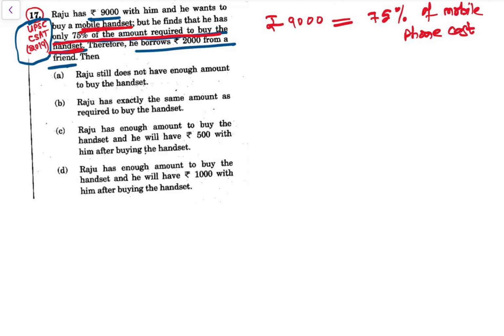ठीक है, so 75% is 9000, therefore he borrows 2000 from a friend.